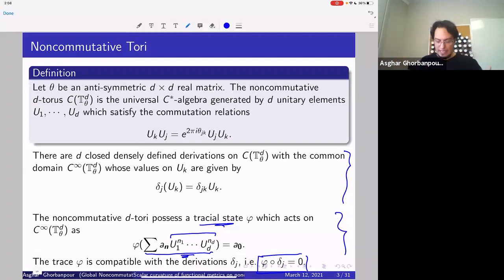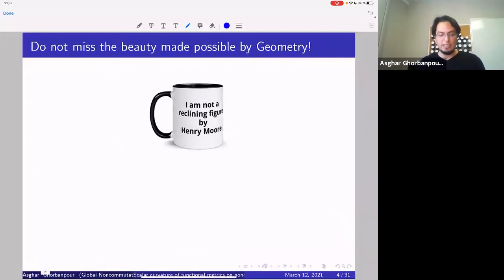So with this setting, though I have introduced a little bit of differentiation there, we have a topology. We really don't want to miss the beauty that geometry can introduce.